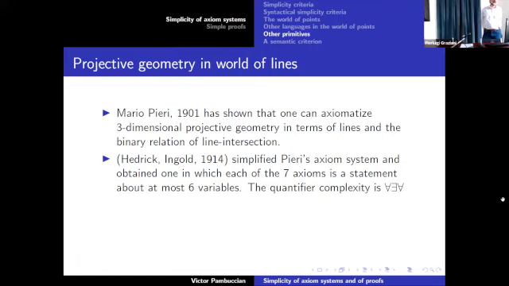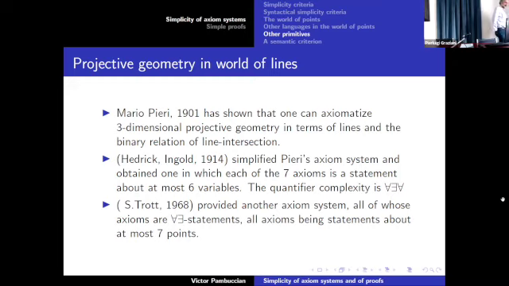The quantifier complexity is universal, existential, universal. It appears that the simplicity degree of this theory is 6, although nobody has proved that. So you need to show that you can't do it with just 5 variables.